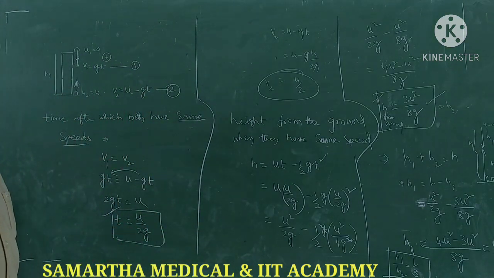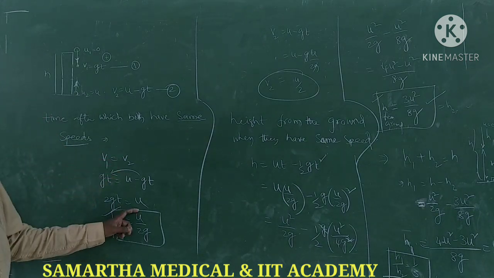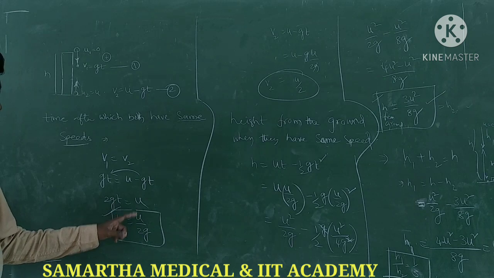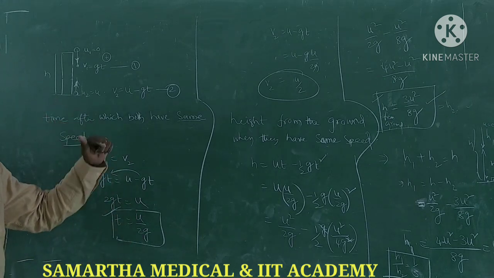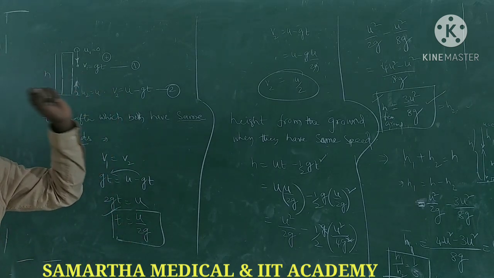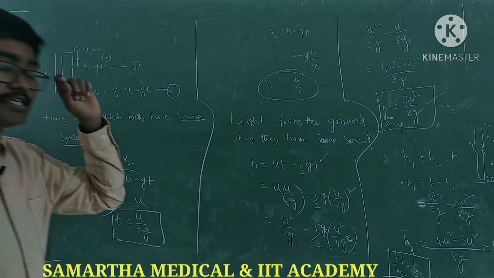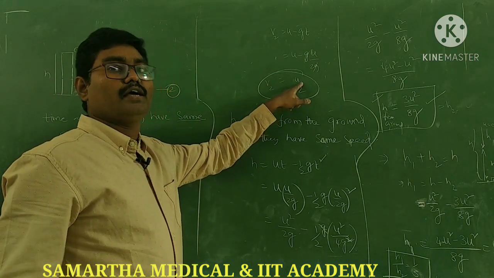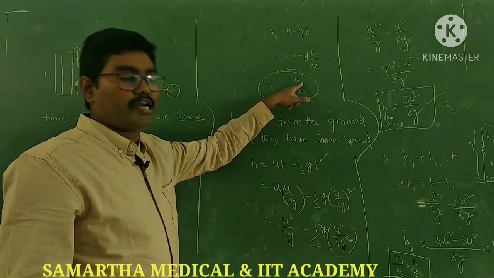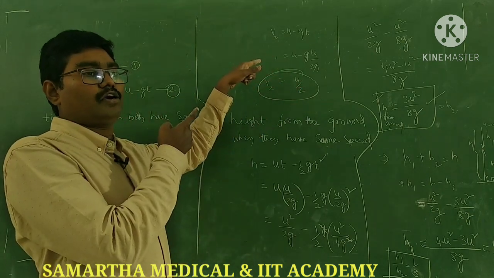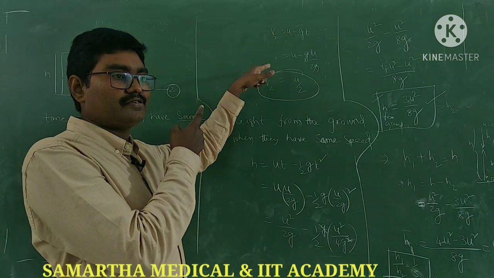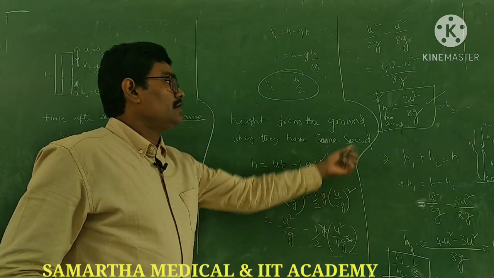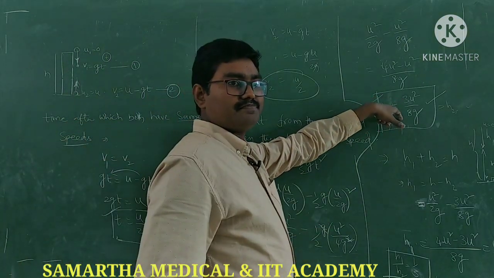So the time after which both the bodies have the same speed, t equal to what? U by 2g. At that point, what is the speed of both the bodies? U by 2. At that same point, what is the height from the ground for the vertically projected body? 3u square by 8g.